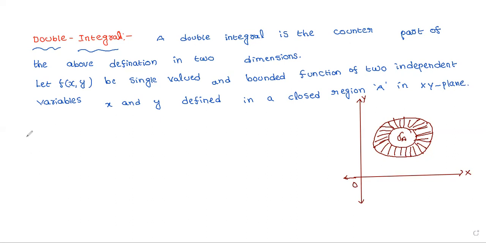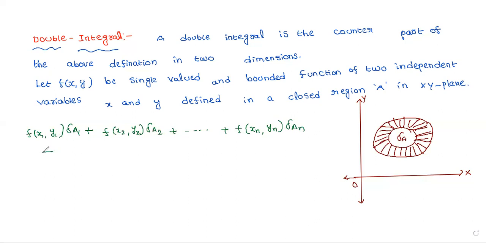So f of x1, y1, delta a1 plus f of x2, y2, delta a2, and so on, f of xn, yn, delta an.